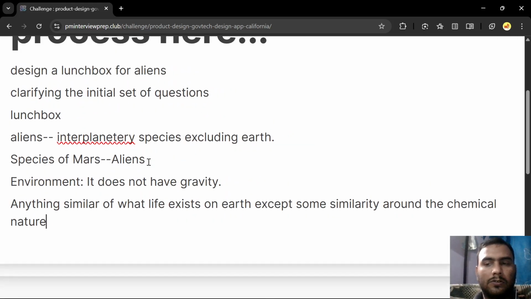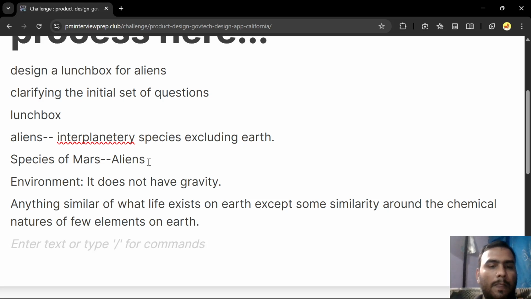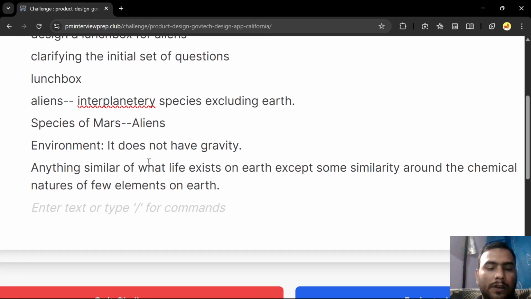except some similarity around the chemical nature of few elements on Earth. Now, why I'm taking this assumption is that in the recent news that I found, in Mars there is research being done that there may be presence of water in certain parts.